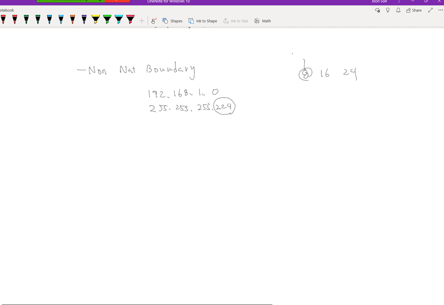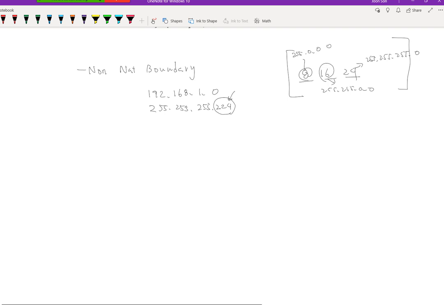So this is 255.0.0.0, right? And this one is 255.255.0.0, and this one is 255.255.255.0. But this is a simple case, where all the IP addresses are classful, and at the same time, the subnet mask ends at the octet boundary, 8, 16, and 24.